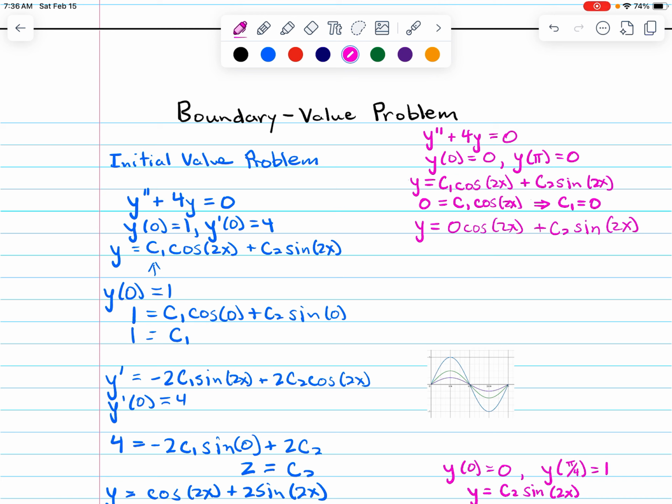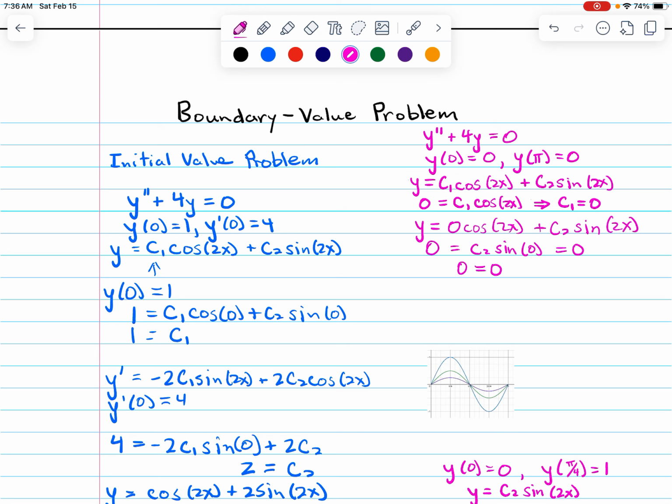And I'm told that at pi, I get a 0 over here. So I get C2 times sine of 0, which is equal to 0. Oh, look at this. We got 0 equals 0.